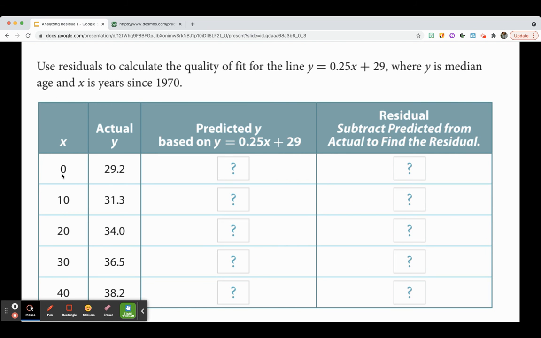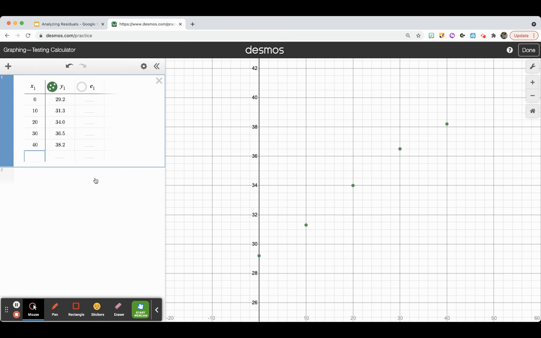Here we have a table of information. If you go into Desmos and put the table in, which I'm going to pause the video to do very quickly, the information is now in Desmos. I had already pressed the zoom button so it zooms into where my data is, but don't forget that little zoom button.